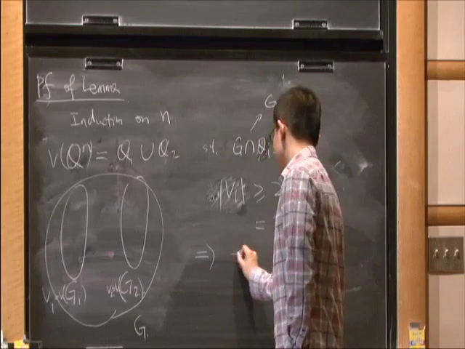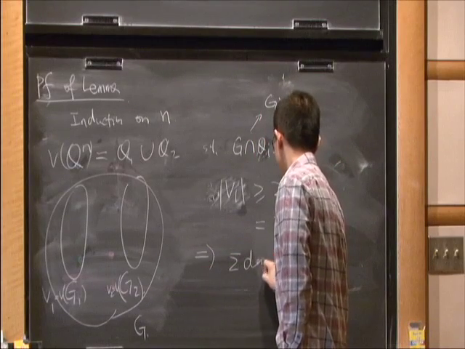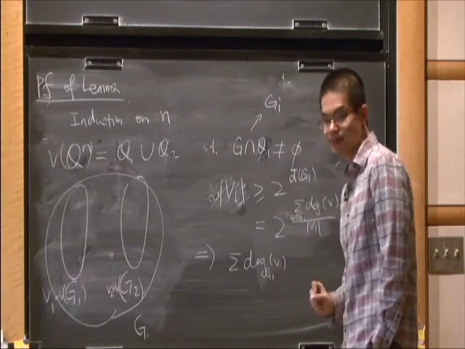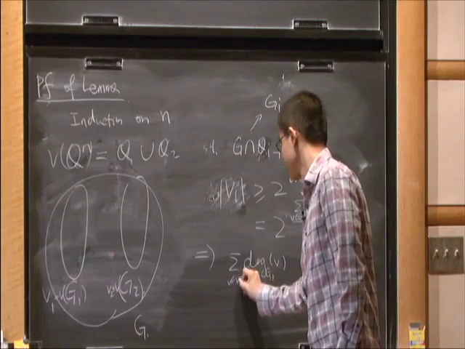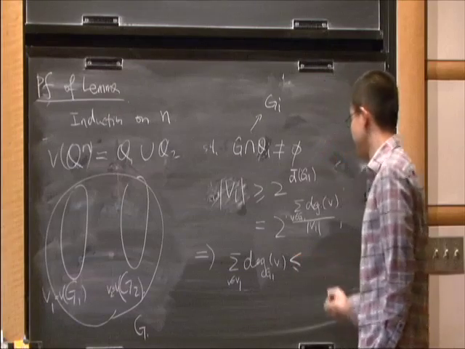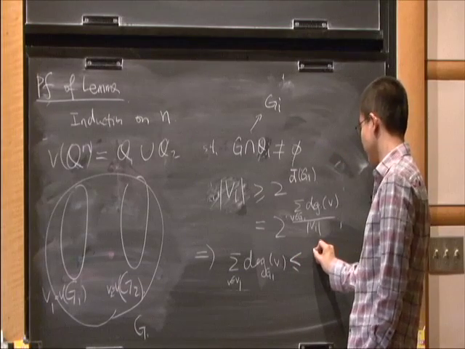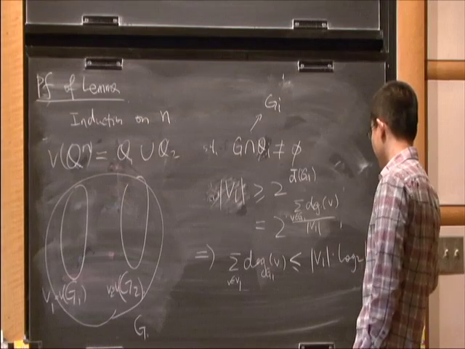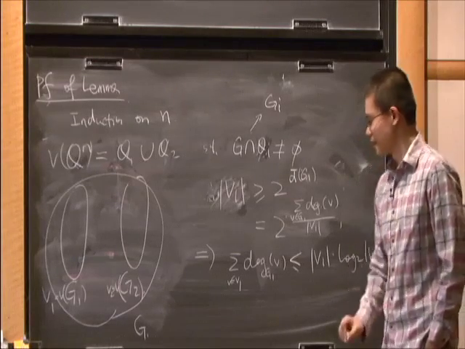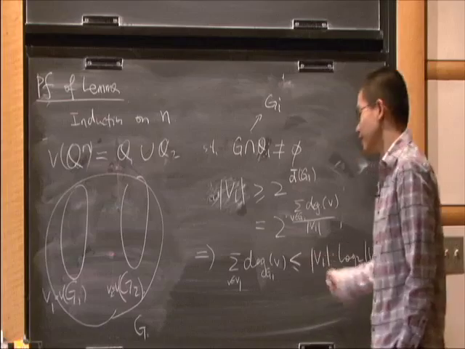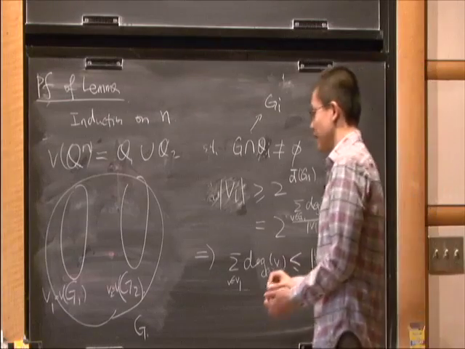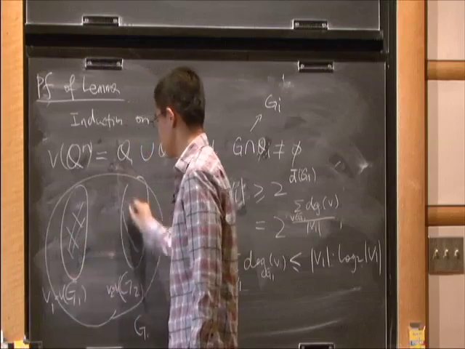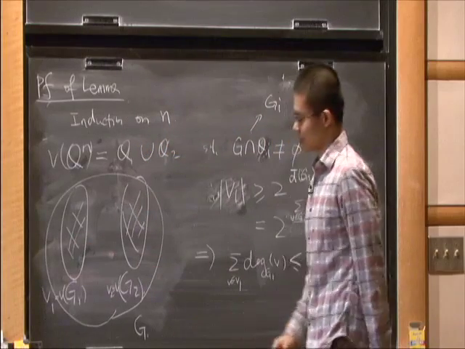So this gives you the sum of the degrees, where degree is with respect to G1. It's at most V1 times log base 2 of V1. So basically you get the same thing for V2. If you sum them up, this calculates the number of edges inside these two subgraphs.